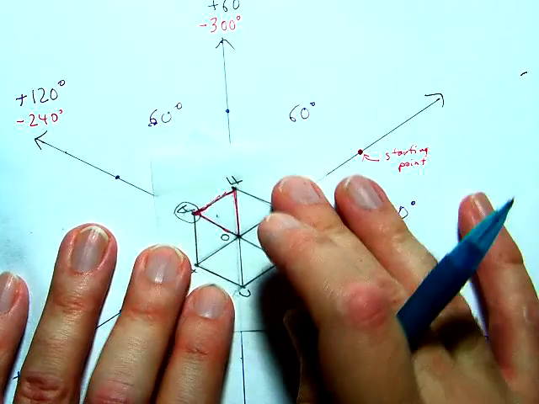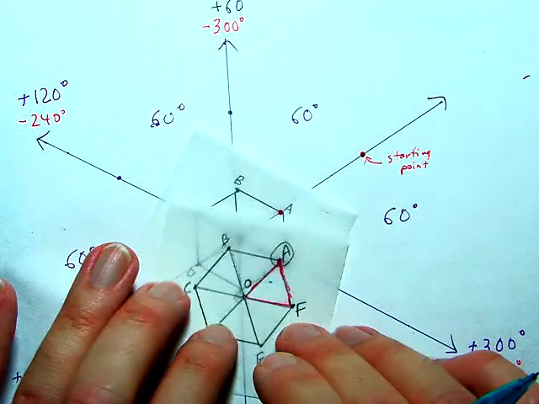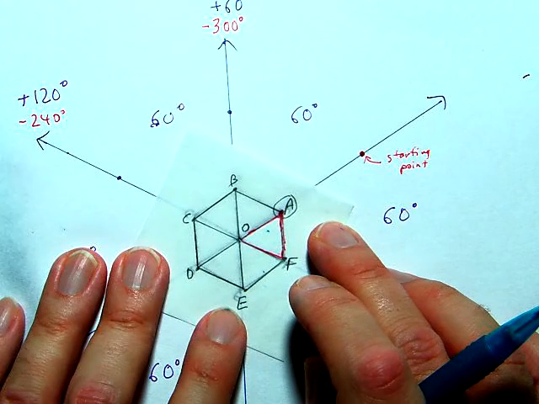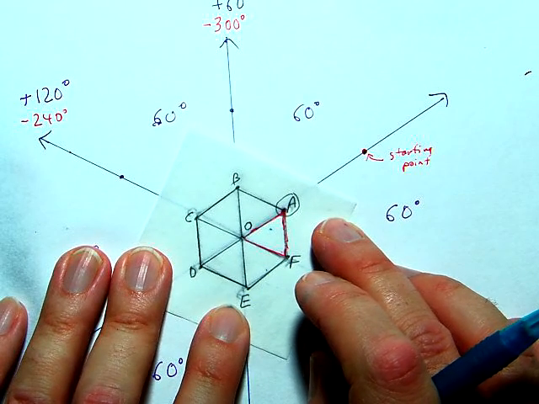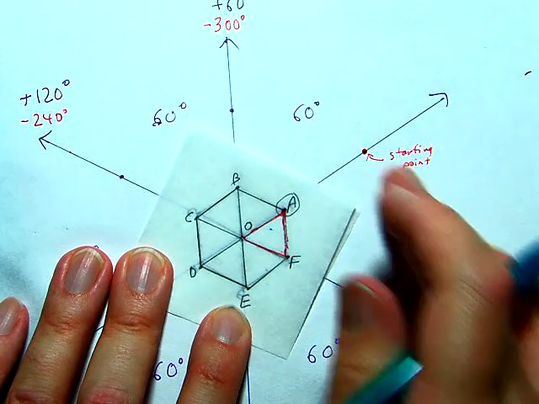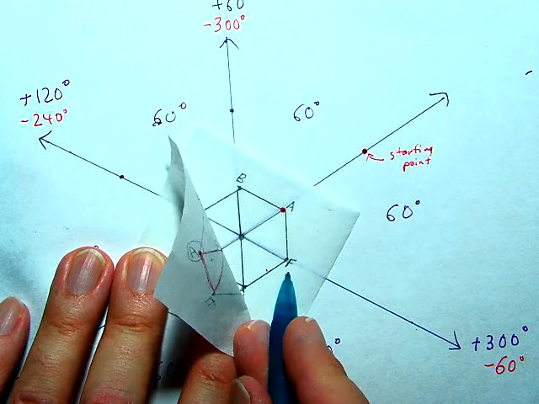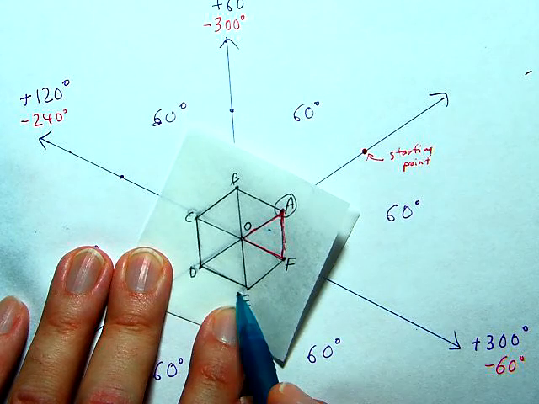Well, let's go ahead and line up our hexagons again. And we've got to map D into F. So F has got to end up over here, and D we've got over here.